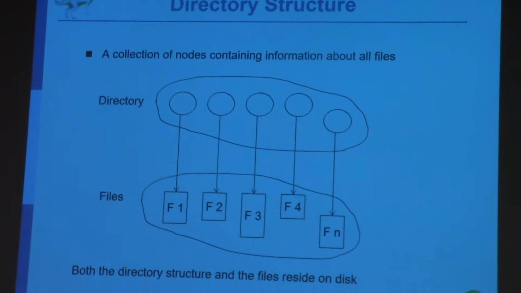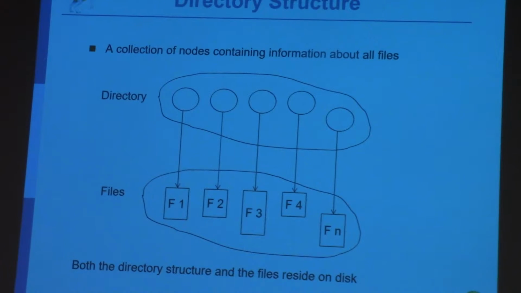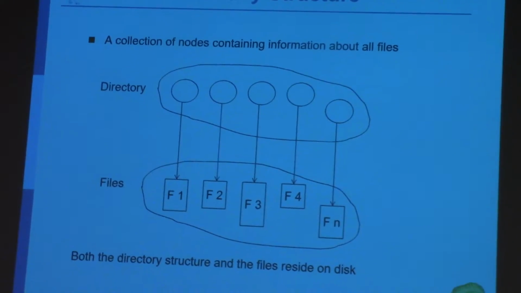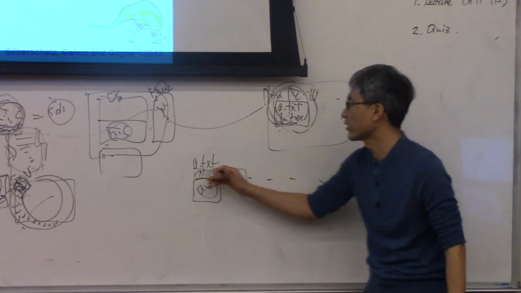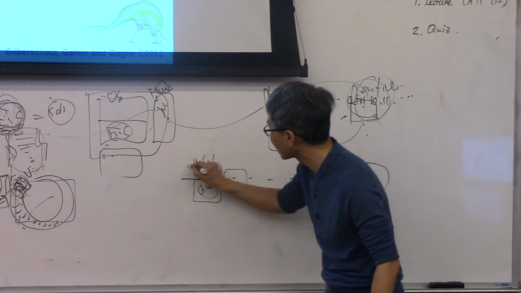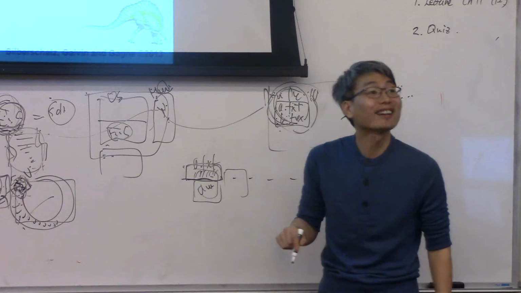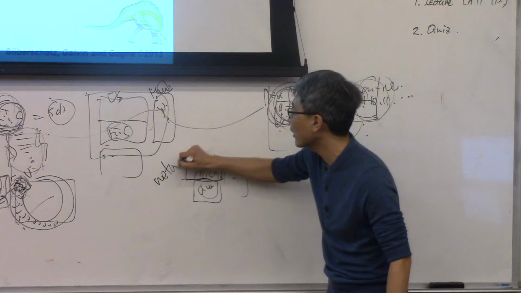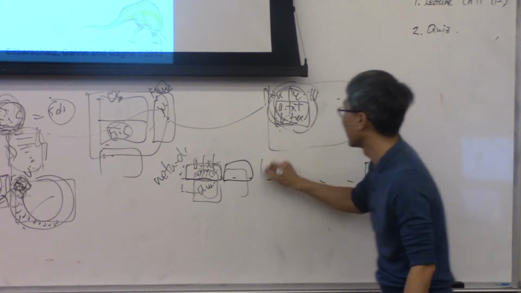Instead, as we discussed, the file has the header attribute plus the data. But the problem is when we have a huge number of files, it will be hard to find where the a.txt file is. Instead, why don't we take out this part, header information? Sometimes it's called metadata or header information, attribute information from each file.